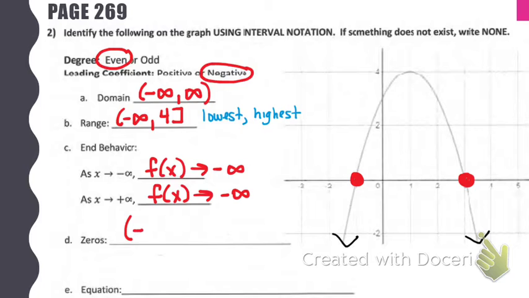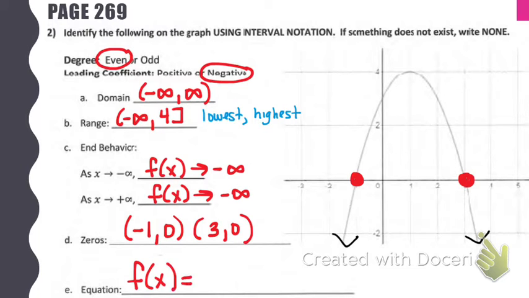So I'm going to write my intercepts as (-1, 0) and (3, 0). And then we're going to flip our signs. We only have 2 x-intercepts, so we only need 2 parentheses. And then in front, because it's going down, we put a negative. And that is your equation.